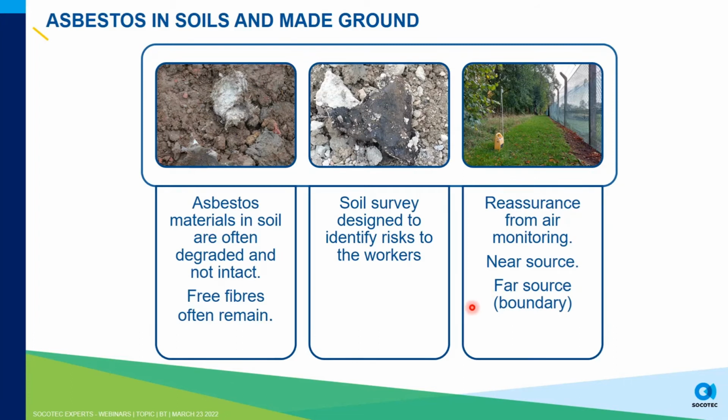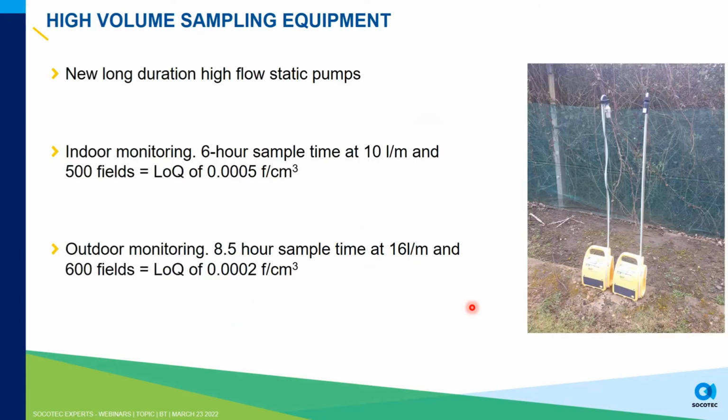How would we do this? Typically on projects, what equipment do we use? Historically, the problem with air sampling pumps is that they would only last for perhaps 2-3 hours at any one time. Therefore, any long duration sampling would need pumps to be recharged. With the improvement in battery technology, there are now pumps that can run all day long on one charge.